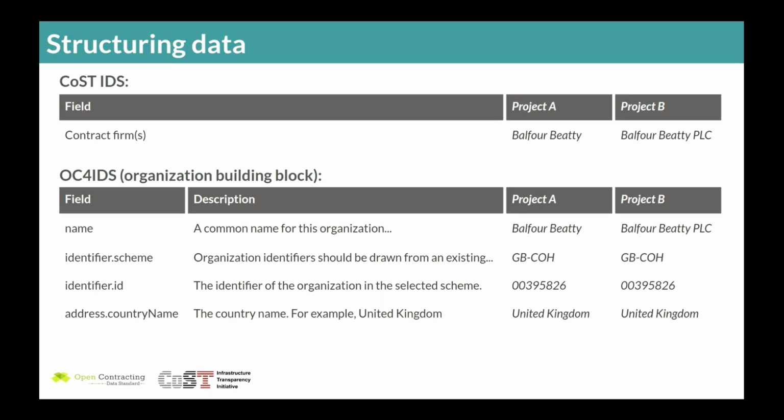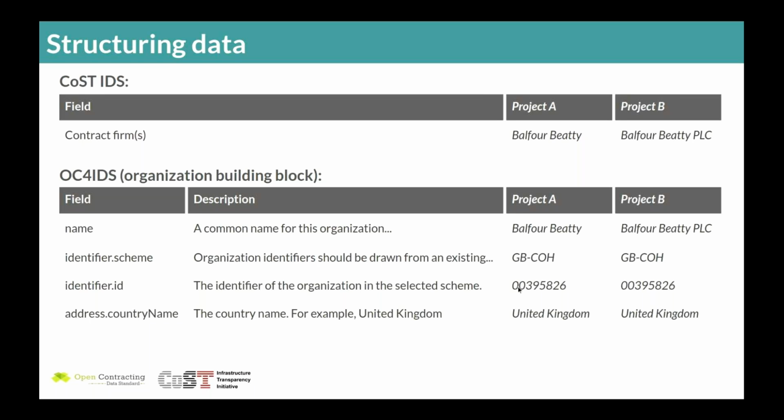So you can see at the top we've got Project A, the contract firm is called Balfour Beatty, Project B, Balfour Beatty PLC, and it's not really clear whether they're the same company or different ones. But if we look below, organisations in OCDS and OC4IDS have an identifier object. So it includes fields for the identifier, such as a company registration number.